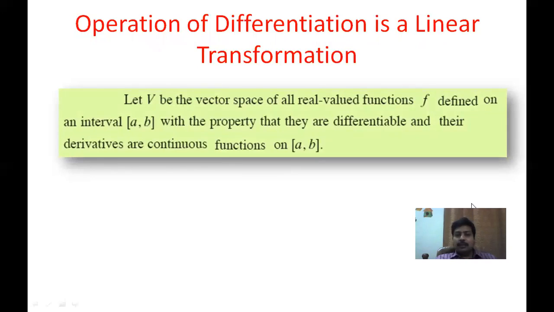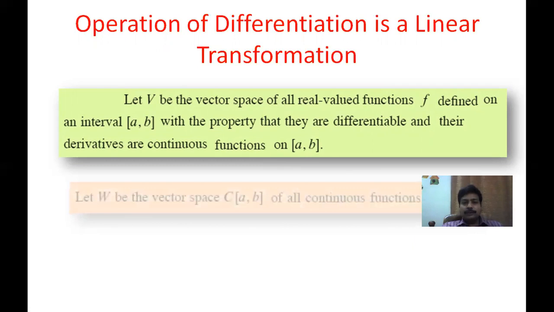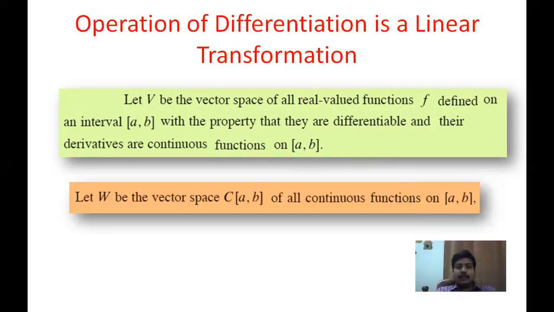That set will become a vector space with the usual function operations. Let W be another vector space of all continuous functions on closed interval [a, b], which is denoted by C of closed interval [a, b].